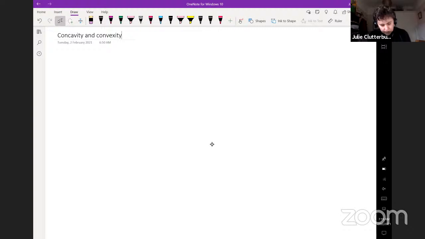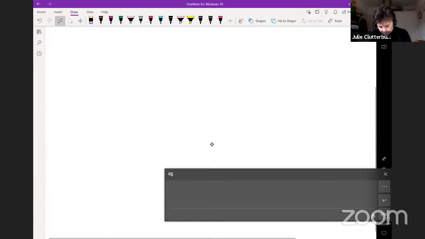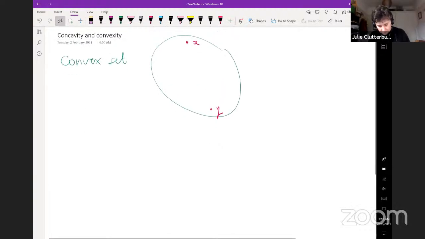So we all know that a convex set is one in which, when we have two points in the set, the line between them is also contained in that set.